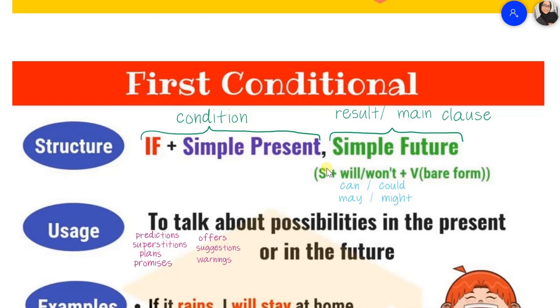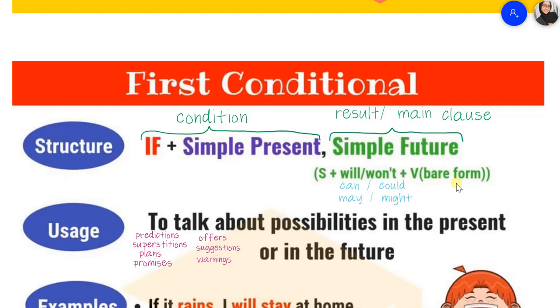It is I, you, me, they, Paula, Sarah, the cat, the ball, the building, followed by will or will not. Will or will not. This is the contraction for will not. Followed by the verb in its bare form, meaning the original form of the verb.